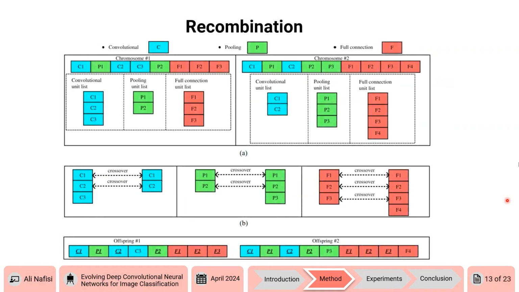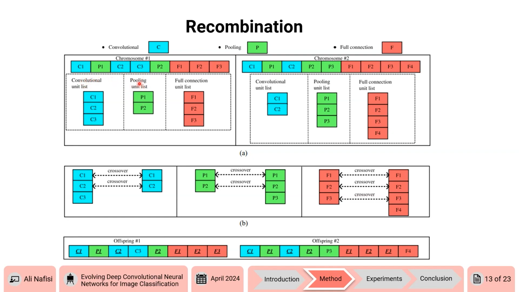Here is the recombination or the crossover operator that is designed for this variable length encoding. Actually, it's good for it. So, how does it work? We extract the same type layers and put them together, like here the convolutional parts. These are two chromosomes, two individuals, two parents that are selected from the mating pool in this example.